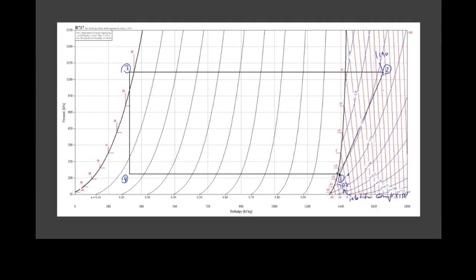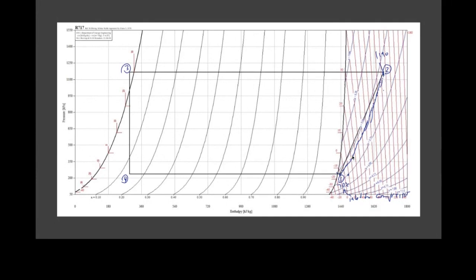Oh, by the way, let's take a look at this compression. We've got lines of constant entropy. So the isentropic compression is going to take us right to there. If I wanted to draw this very accurately, I would show a line that follows those isentropic compression lines, but the program that I used just connects the dots, so it gives a straight line.